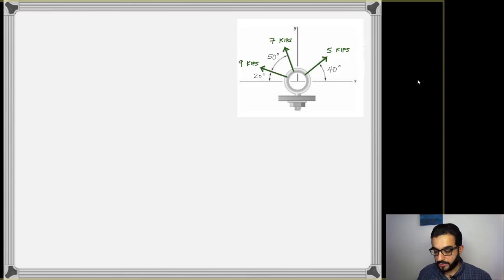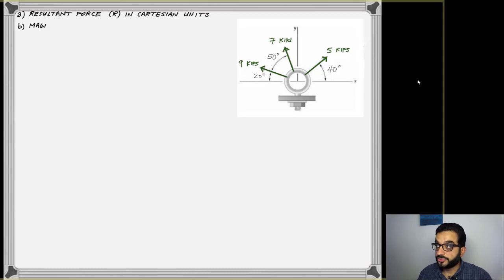And the design requires that you identify the resultant force in Cartesian units, and you summarize that in a different way, which is by calculating its magnitude and direction.